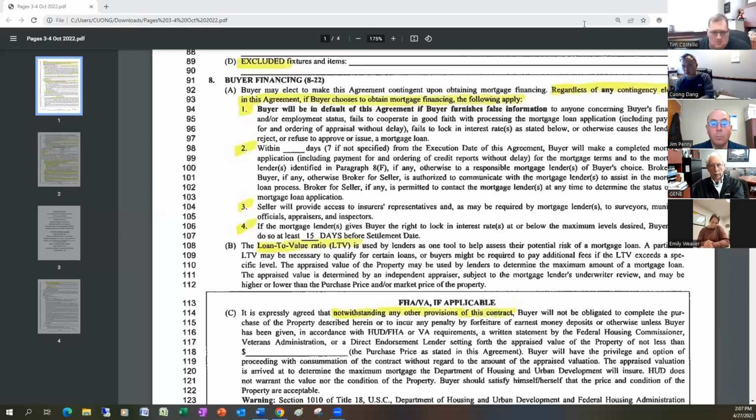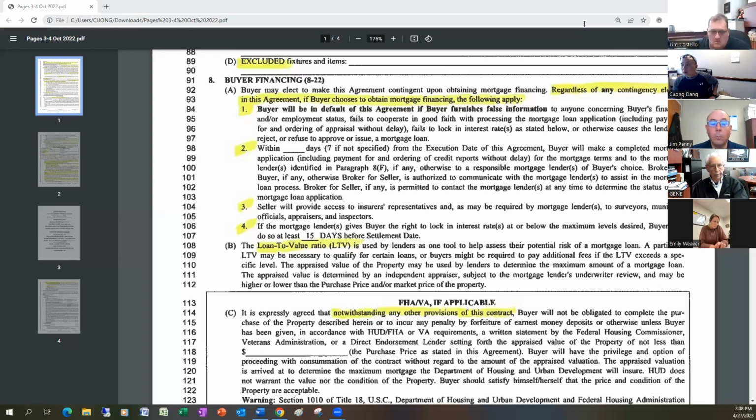Okay. We've had several instances where sellers are like a roadblock for this critical step. Like, no, I'm not letting an appraiser in. Well, we need to let an appraiser in so that you can appraise the house so we can get the loan. Okay.